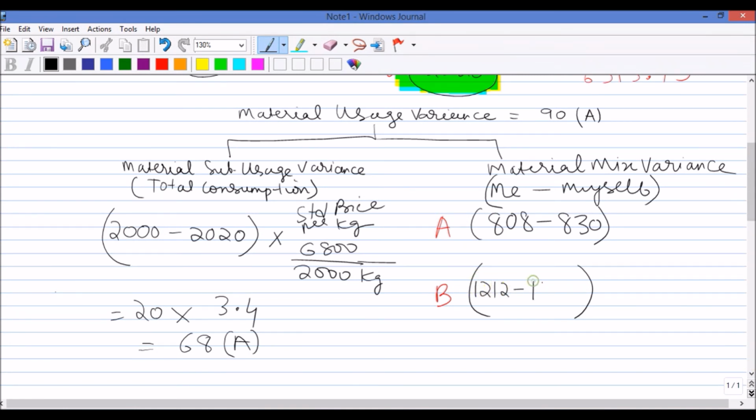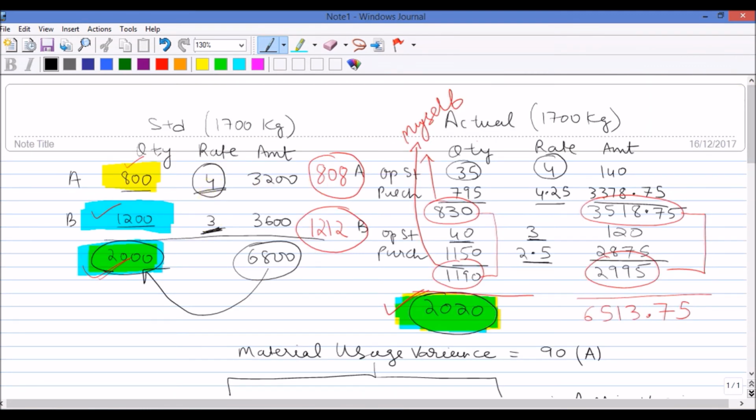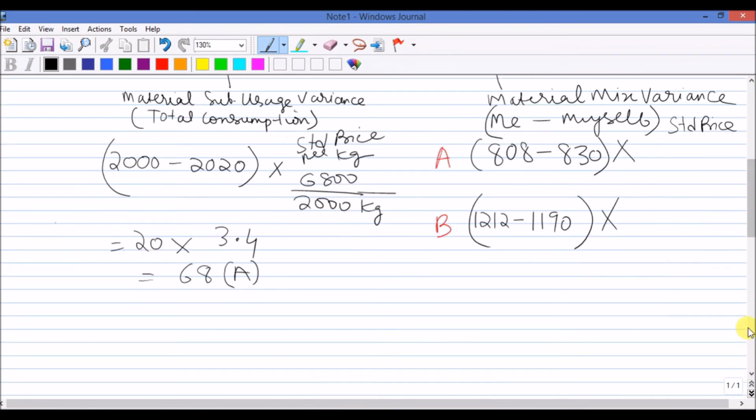This you have to multiply by the standard price. So how much is the standard price? 4 and 3. So 808 minus 830 into 4 is going to give me 88.